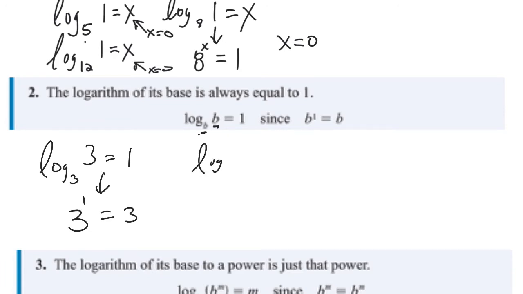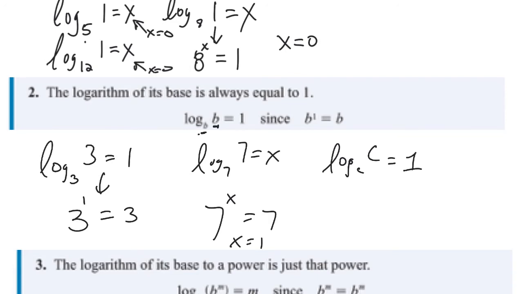If I take something like 7 raised to the power of x is 7, x must be 1. Even if it's a letter, if this is log base c of c, you will always know that the result must be 1 if these two things are the same variable or number.